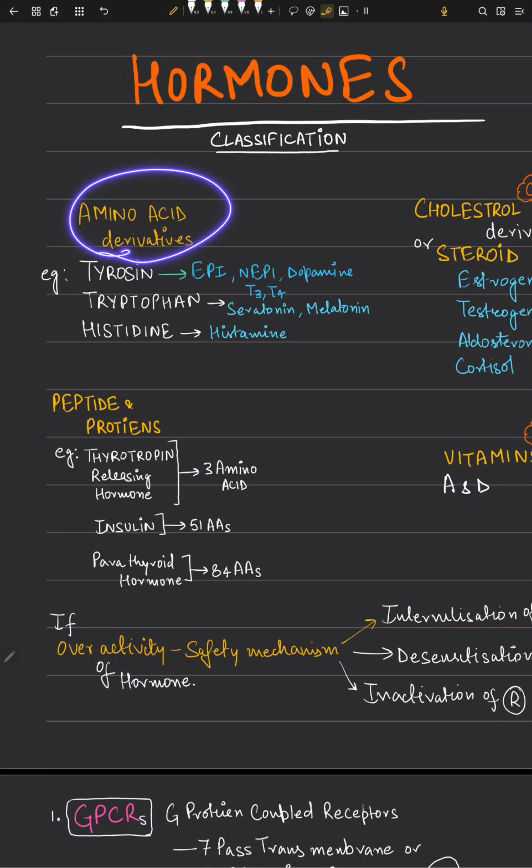Amino acid derivatives such as tyrosine, tryptophan, histidine: tyrosine gives epinephrine, norepinephrine, dopamine, T3 and T4, they cannot cross the barrier. They cannot cross the bilipid layer. Tryptophan, such as serotonin and melatonin, they cannot cross as well. Histidine, that is histamine, it cannot cross the membrane as well.